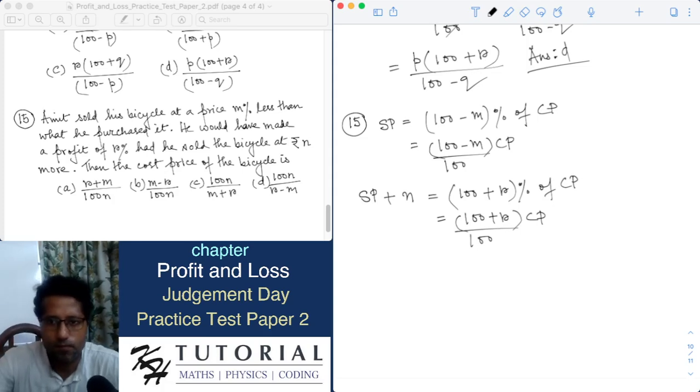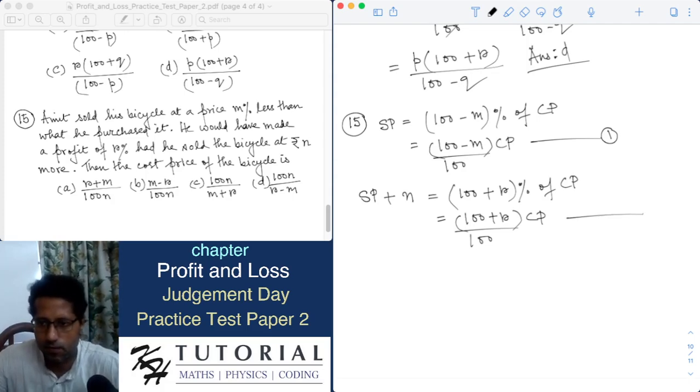Now from the first fact, we can use the value of SP equals (100 minus M) CP by 100.